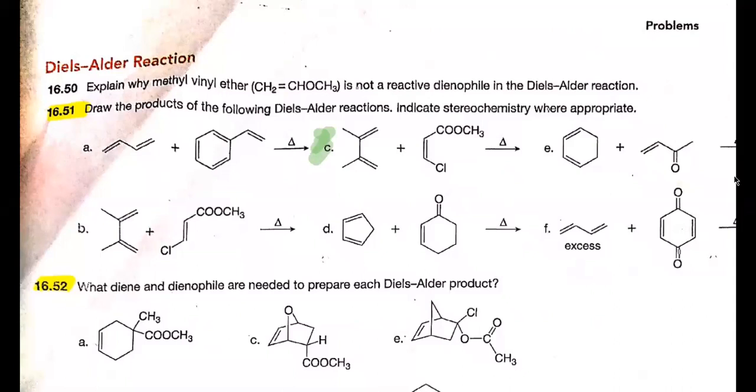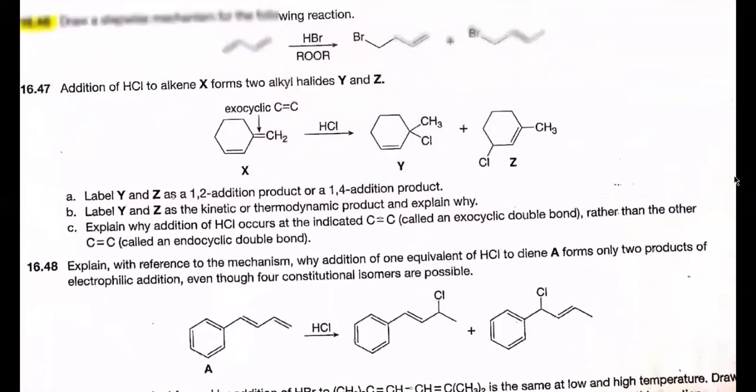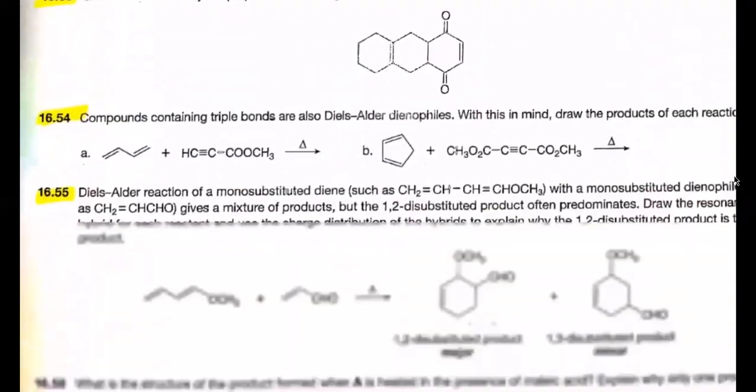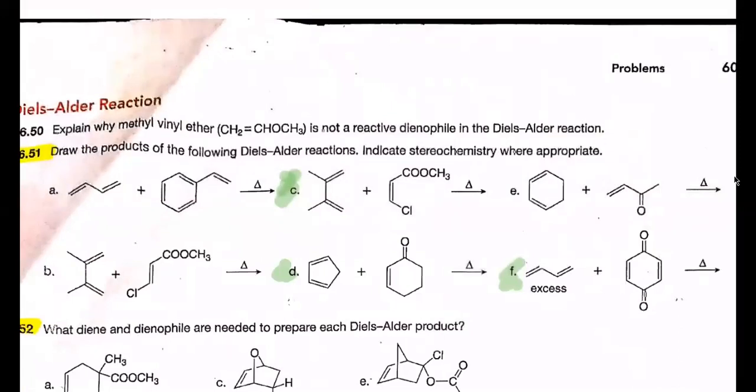Let's do D and F. Let's do C, D, and F. So what would the product be for, and let me cut this out too right quick, that way we can have room to work.